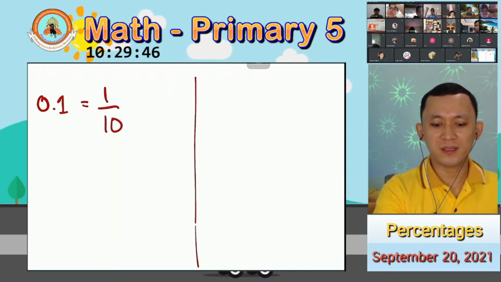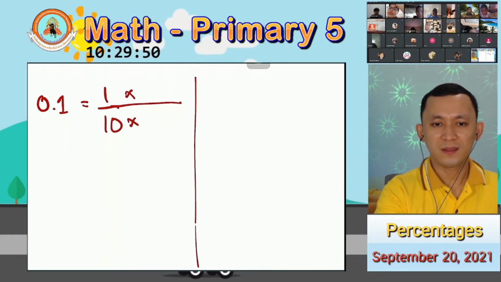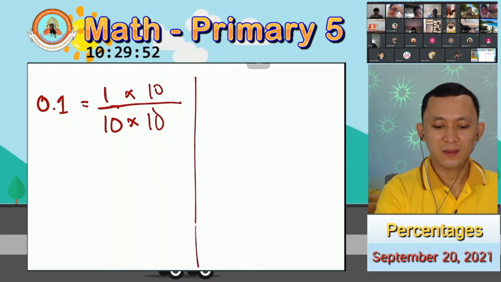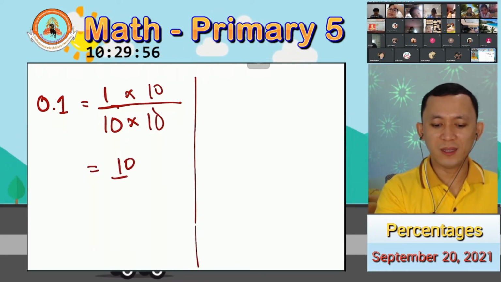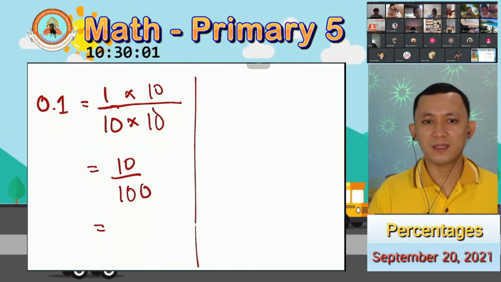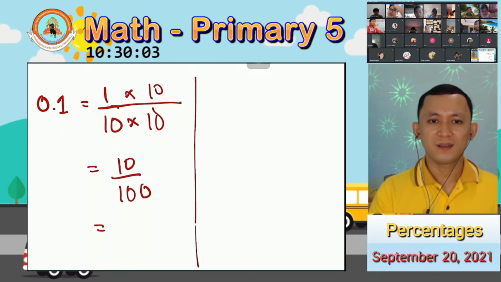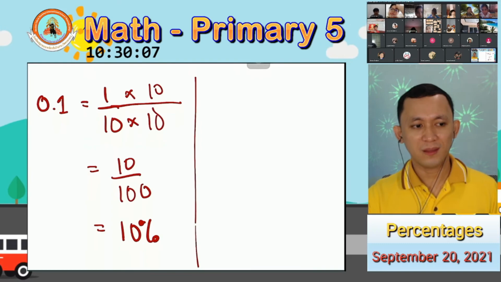Our denominator is 10, so we need to change it. Multiply by 10. 1 times 10 is 10, 10 times 10 is 100. What's this in percentage? 10%. We have 10%.